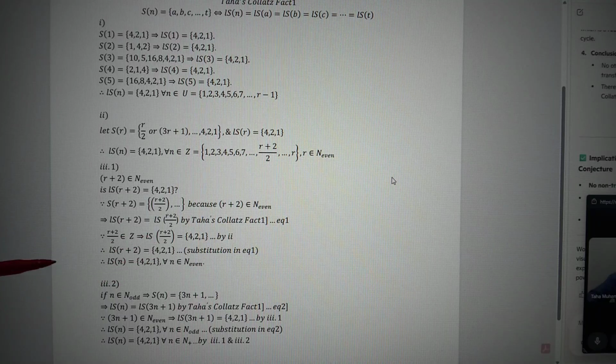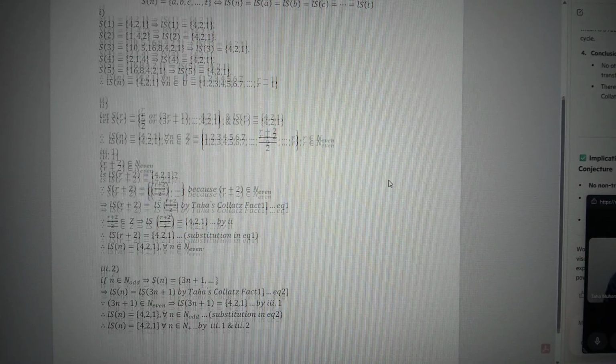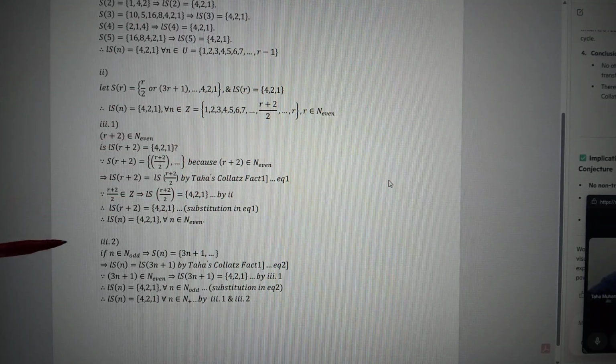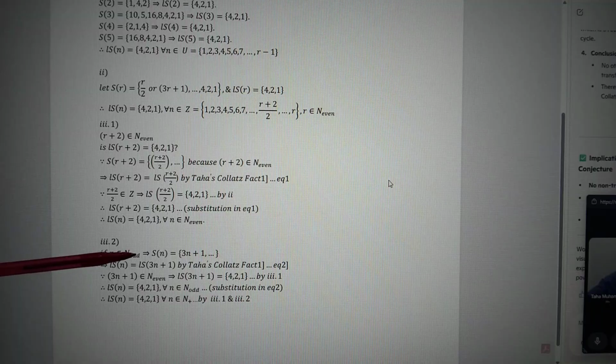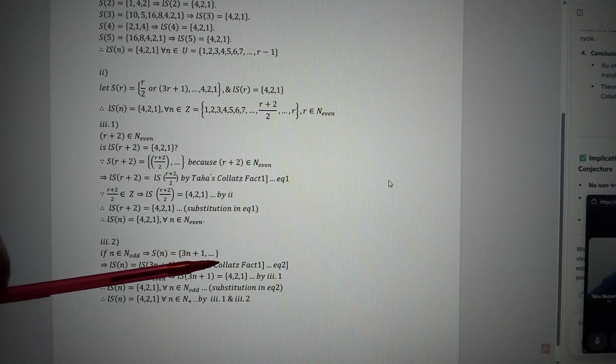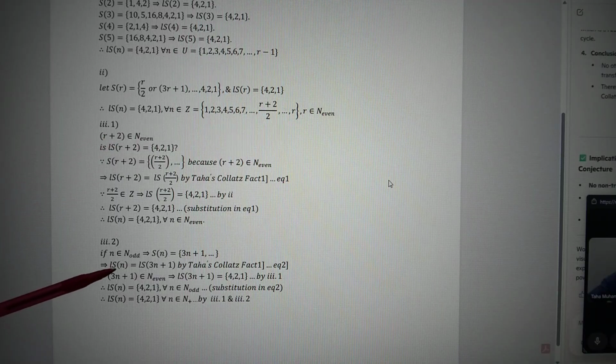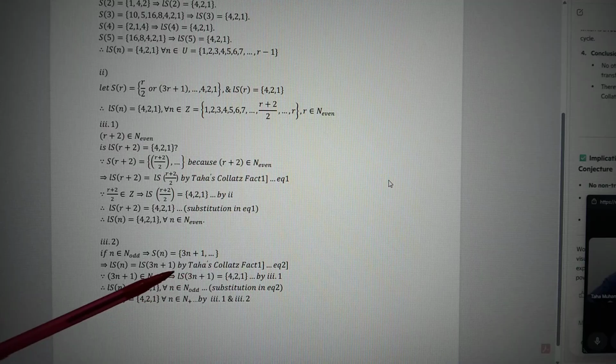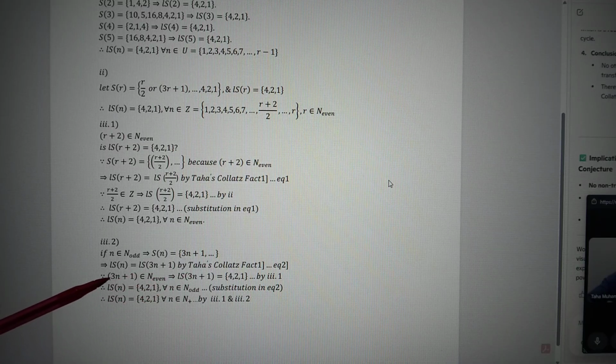Okay, what about if we have n an odd number? Don't worry about R plus 2, because we proved that R plus 2 is good. What about when n is odd? When n is odd, then multiply by 3 plus 1. By Taha's fact, the loop of the first side equals the loop of the second side for each element. What do we know about 3n plus 1?